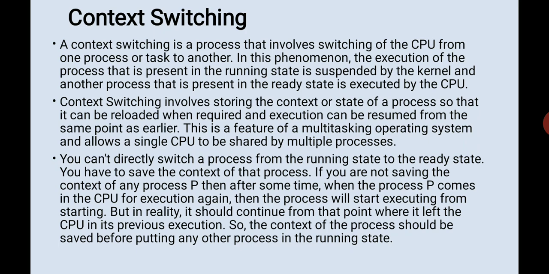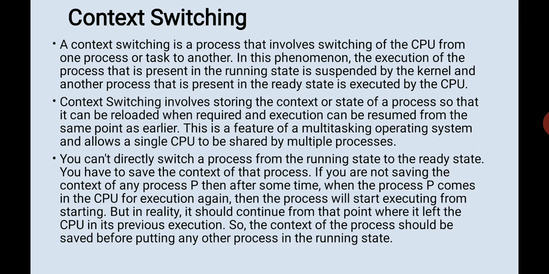So it is a kind of multitasking, suspending the one that is running and taking the other one. Context switching involves storing the context or state of a process so that it can be reloaded when required, and execution can be resumed from the same point as earlier. This is a feature of a multitasking operating system, and it allows a single CPU to be shared by multiple processes.